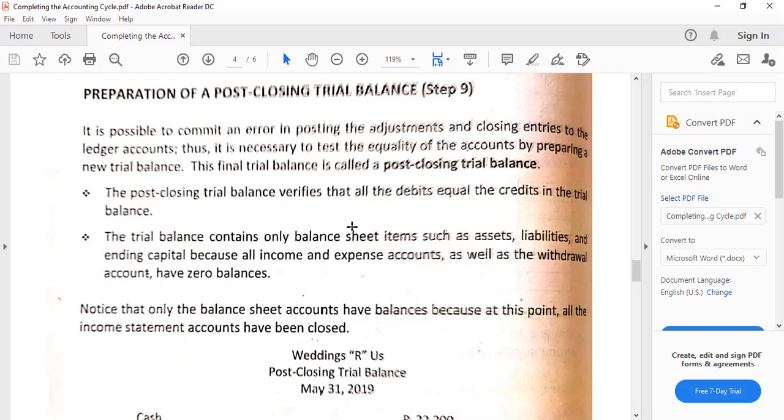This particular trial balance will only include, once again, the balance sheet items, assets, liabilities, and equity, and would not show any temporary or nominal accounts because they have already been closed, thus having zero balances. And as a rule, for preparing a trial balance, only the remaining balances with open balances, meaning balances of 1 to infinity, shall be forwarded to the trial balance.